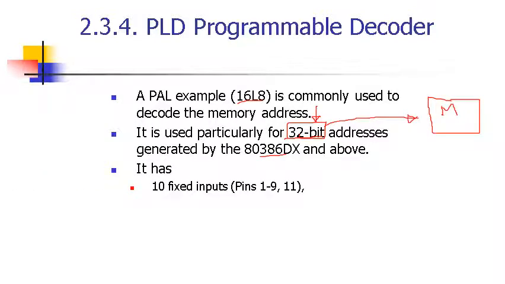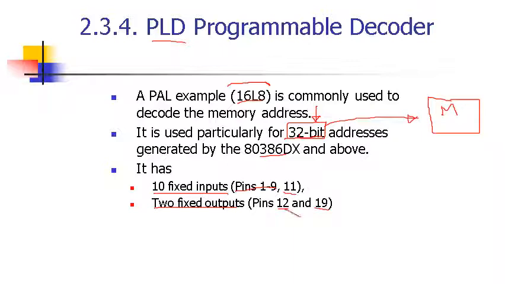This 16L8, the PLD, has 10 fixed inputs. 10 pins of the PLD 16L8 are used for fixed inputs. These are pins 1 through 9 in addition to pin 11, and 2 fixed outputs, pins 12 and 19.